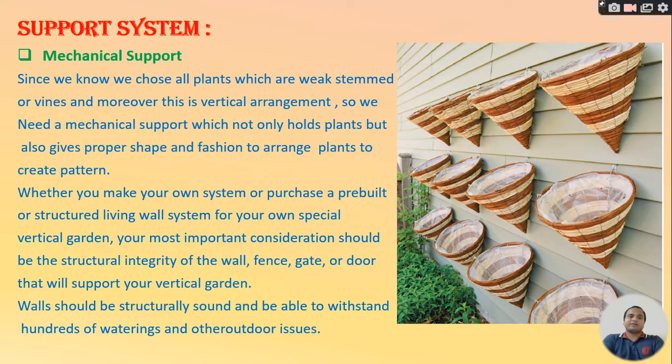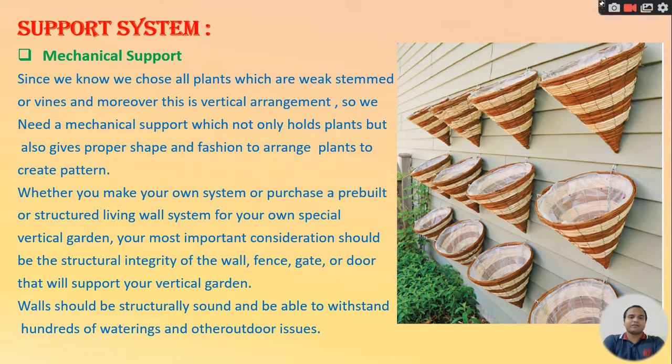Now we talk about the support system. First we talk about the mechanical support system. Since we know we choose plants which are weak stemmed or vines, and moreover this is a vertical arrangement, we need a mechanical support which not only holds the plants but also gives proper shape or fashion to arrange plants to create a pattern.